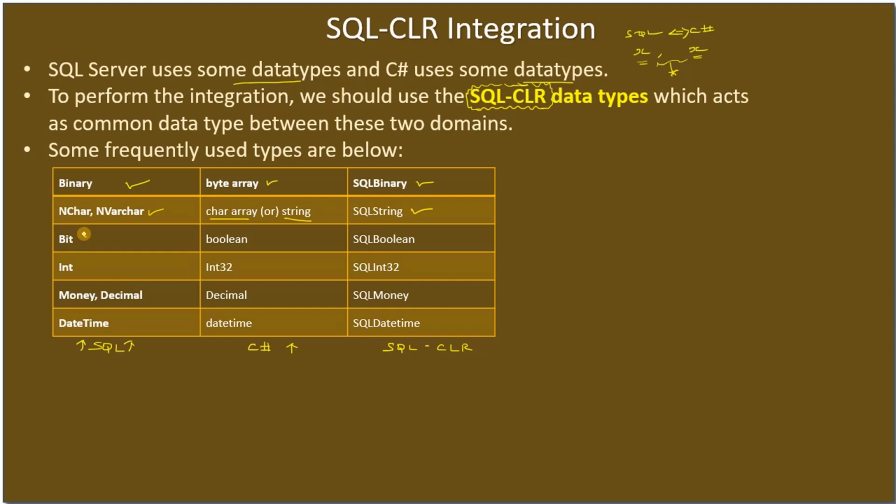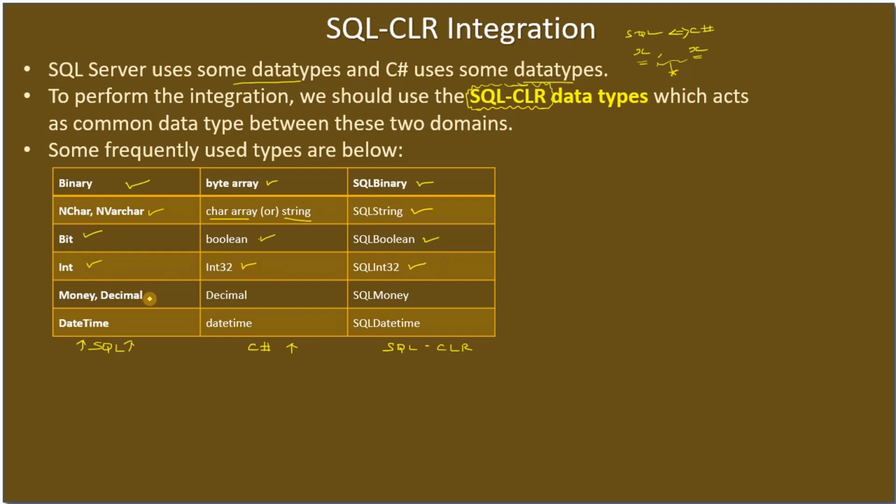So bit is the SQL specific data type. In the C# language, we will use Boolean, but for integration, we have to make use of SQL Boolean. The same way, if you see int, SQL Server knows it as int. C# programmers use int32. But when you are writing the CLR trigger or CLR function or procedure, you have to use SQL int32.